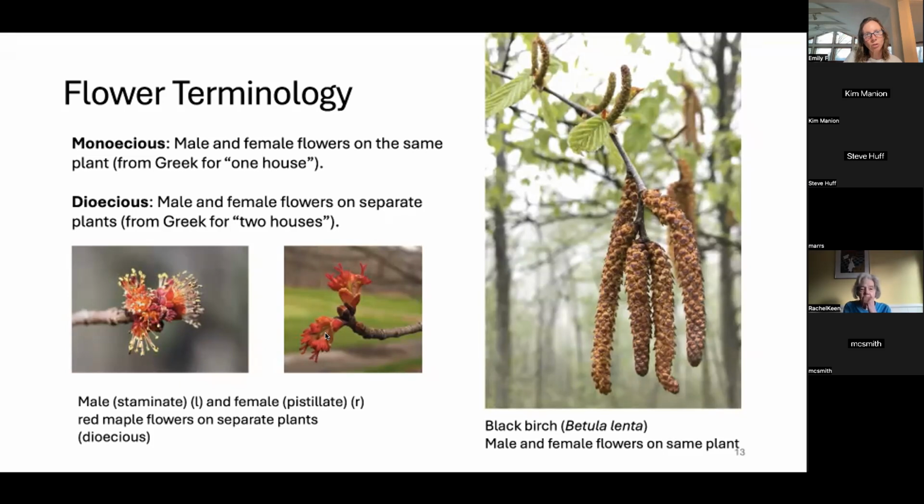And they're absolutely gorgeous. And out of that stigma, eventually you get the two winged samaras coming out. So it sort of is a precursor to letting you know that you'll have two seeds created and two ovaries.